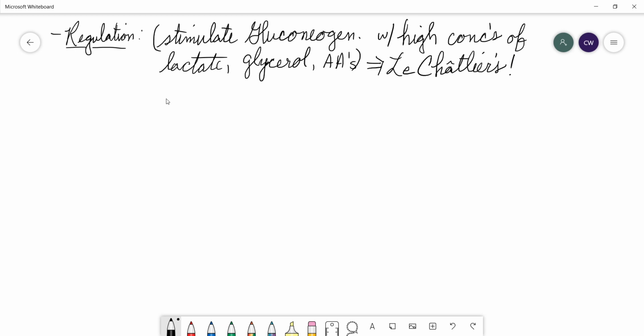These things become available, they're readily available for individuals who have a high fat diet.